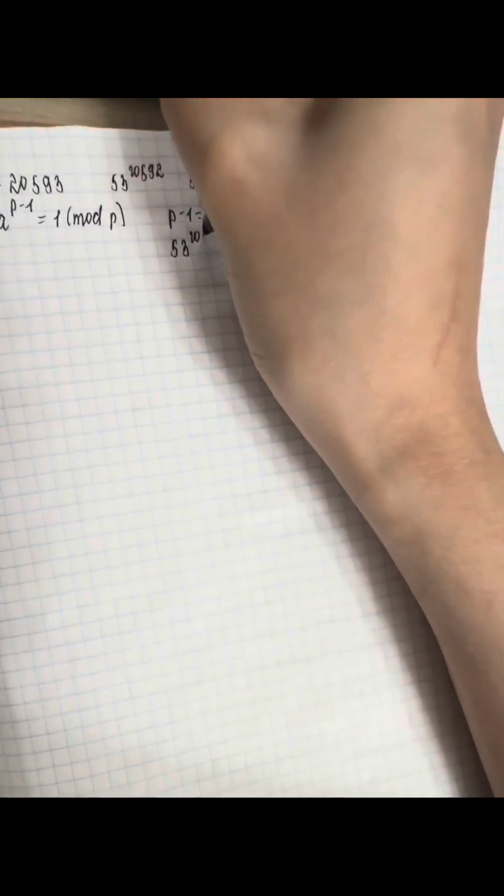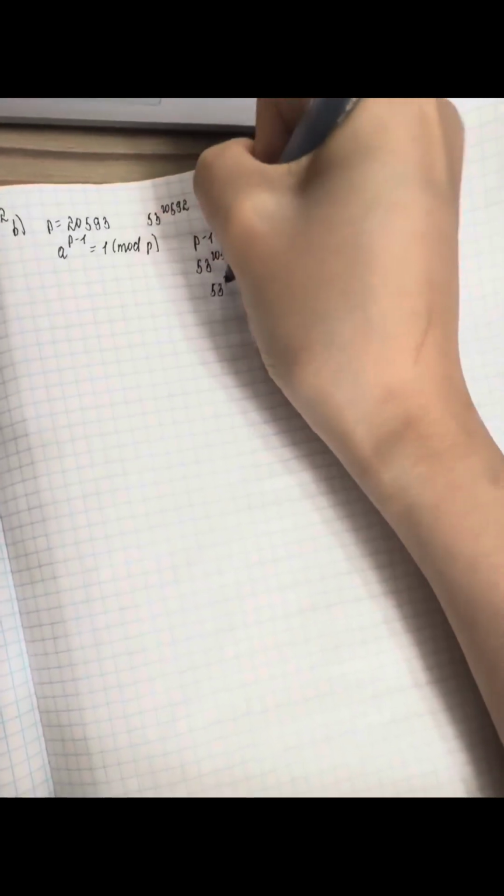And because P is a prime, we immediately know that 53 to the power 20,592 is always equal to 1 modulo 20,593. And the first one is equal to this. Now I increase the exponent by 1.